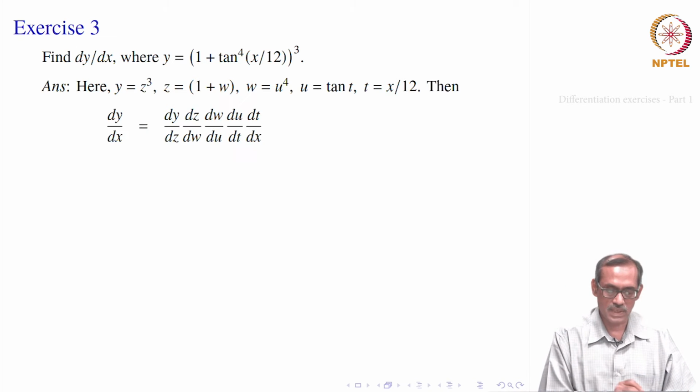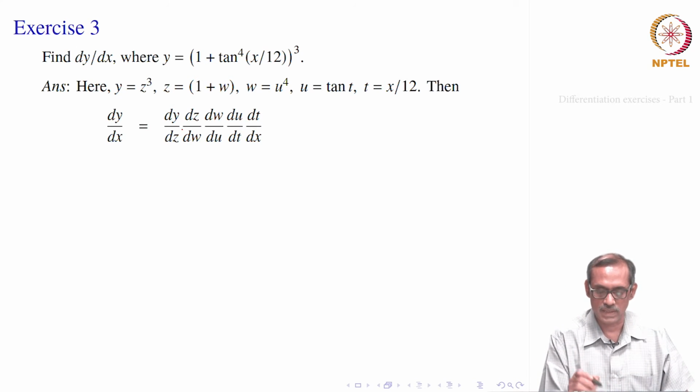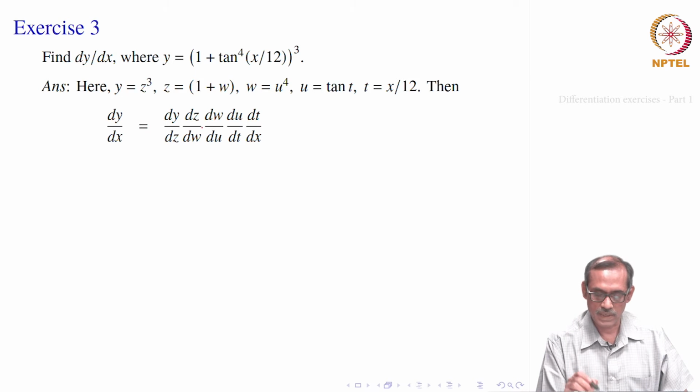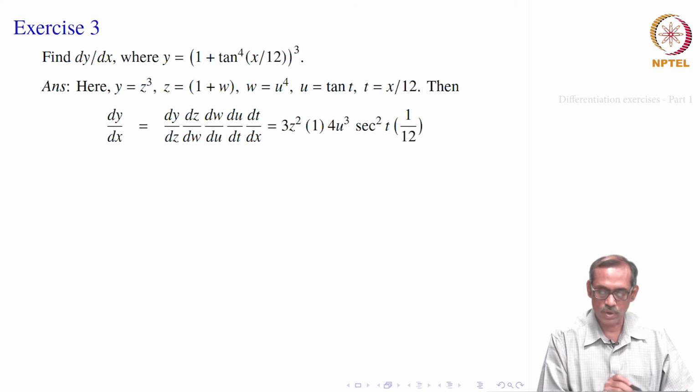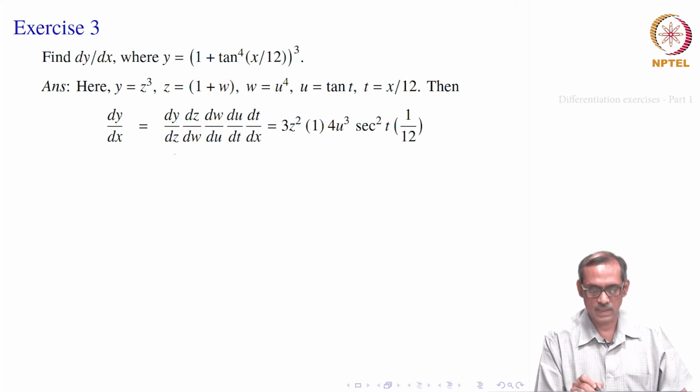So, our formula will be dy by dx equal to dy by dz, dz by dw, dw by du, du by dt, dt by dx. Again, it is an application of the composition rule. So, slowly if we proceed, we say that dy by dz, which is y is z cubed, so that gives 3z square, and dz by dw.